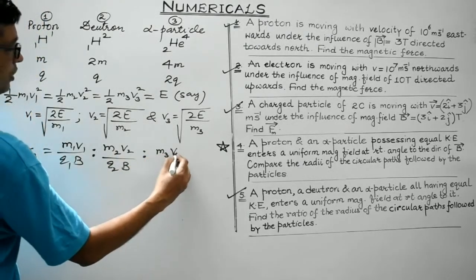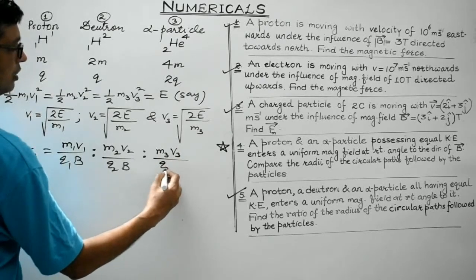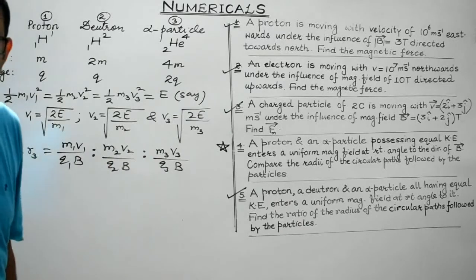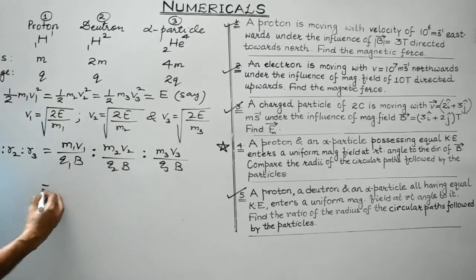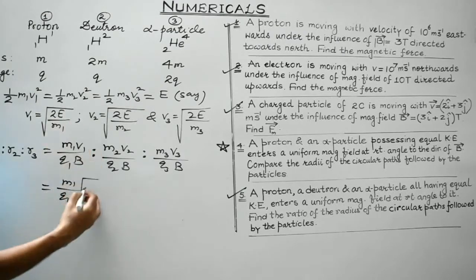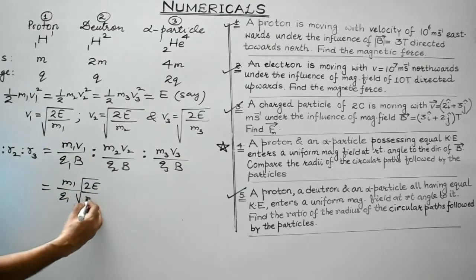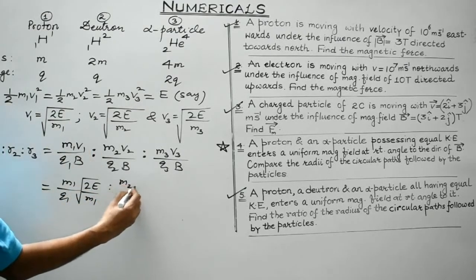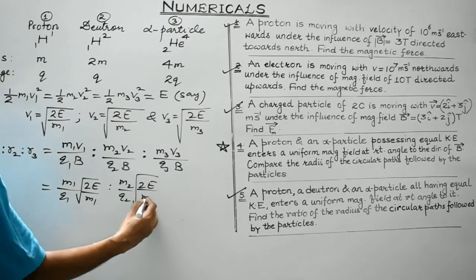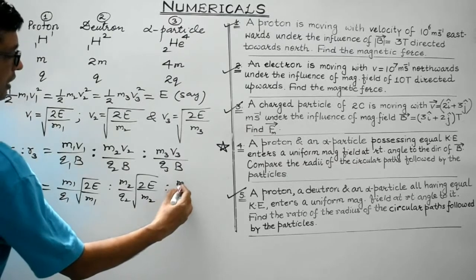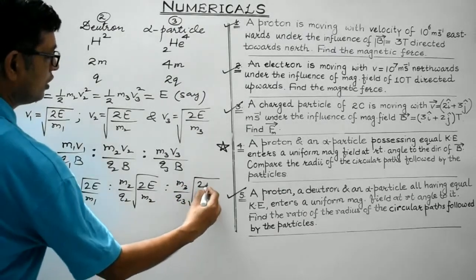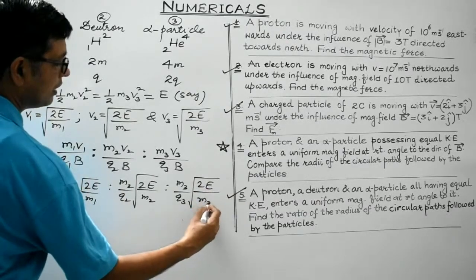So R3 is m3v3 divided by q3B. Now let's substitute the values v1, v2, v3. B is common. So we get m1 by q1 times root twice E divided by m1, m2 by q2 times square root of twice E divided by m2, and m3 by q3 times square root of twice E divided by m3.